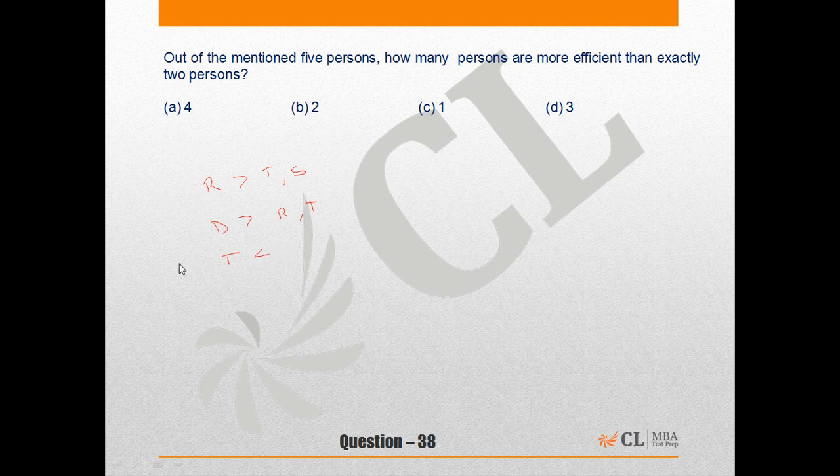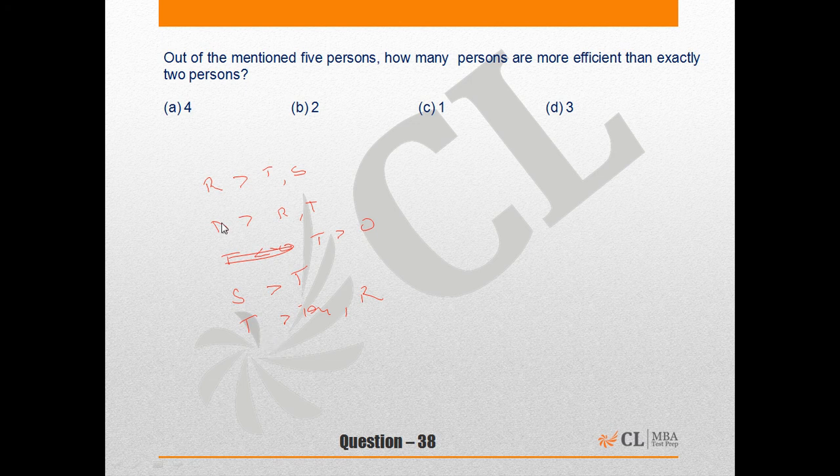That means Tripti is more efficient than 0 people. And if I see Sonal, she is more efficient than Tarun, and Tarun is more efficient than Tripti and Rohan.